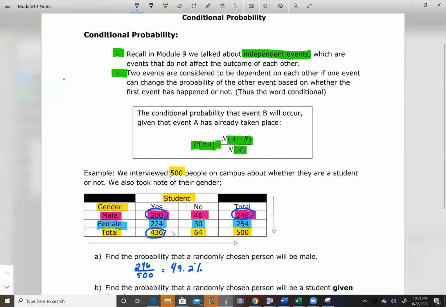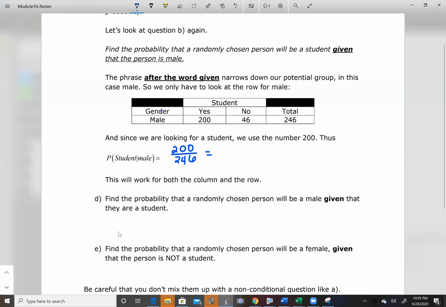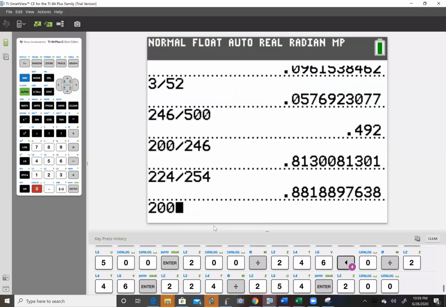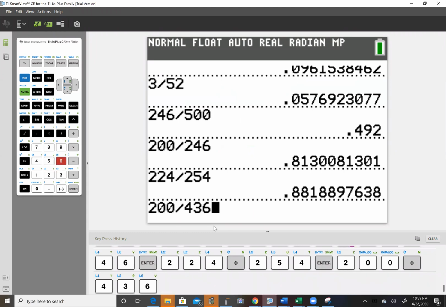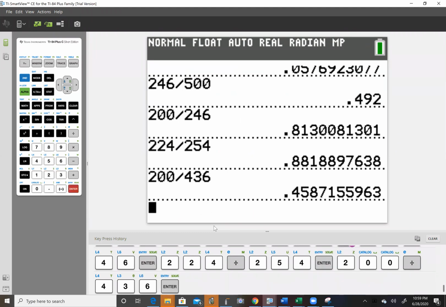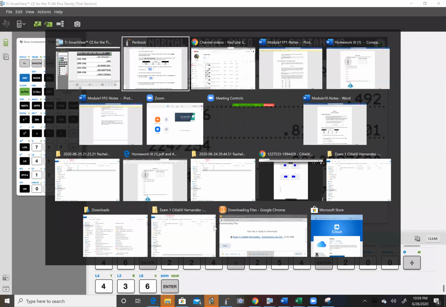So it's kind of doing the same thing. We're just looking at that column now instead of the row. We know it's a student, so it's got to be in that column. So that's 200 out of 436, which is approximately 45.9%.